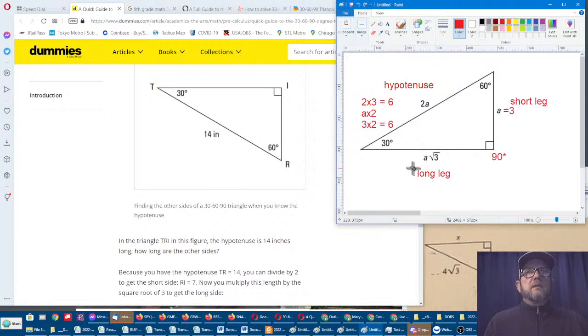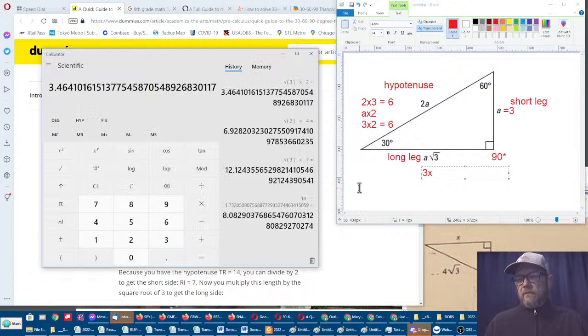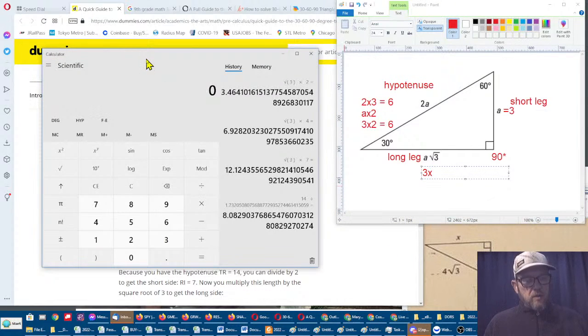And so here, what's your A value right here? 3, because A equals 3. So 3 times the square root of 3. So type in 3 square root, hit that button.